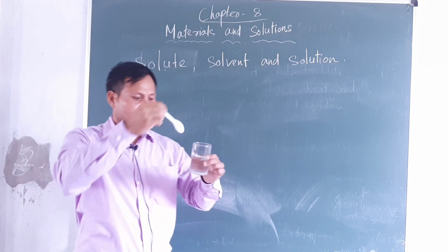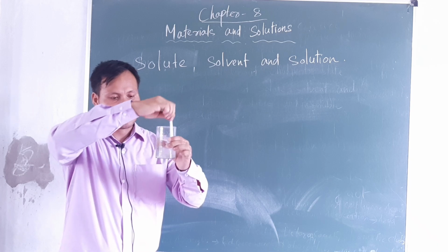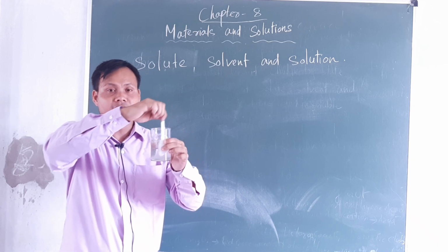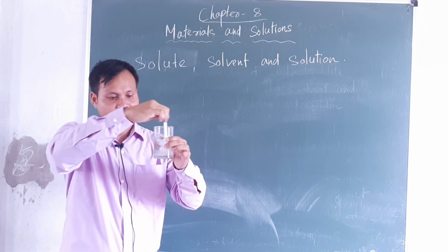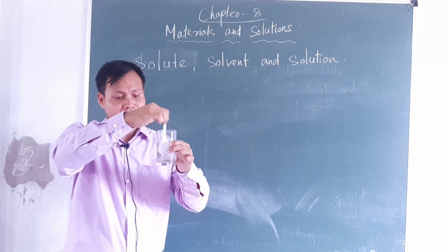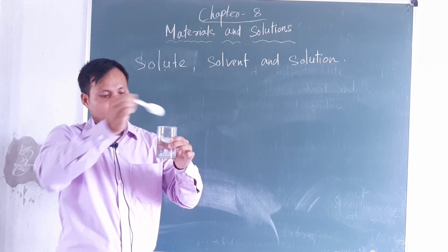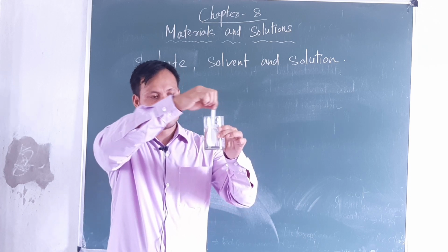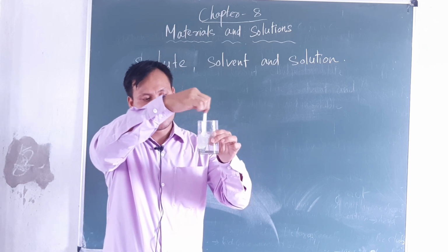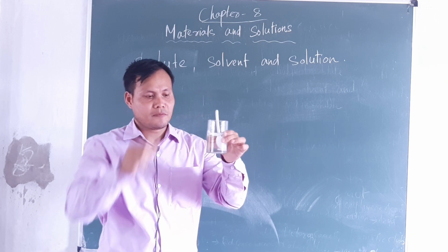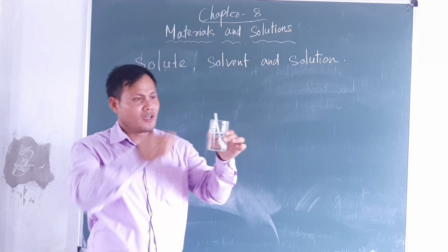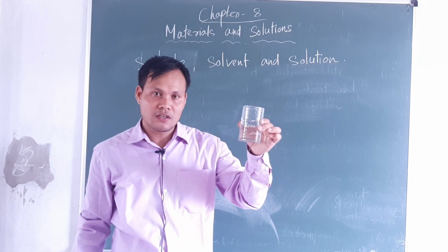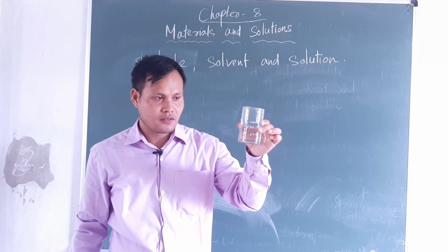Now after stirring it, we will notice that the sugar has been completely dissolved in the water. You will not see any sugar in the glass. So after stirring the water for some time, we will notice that there are no particles of sugar in this water.